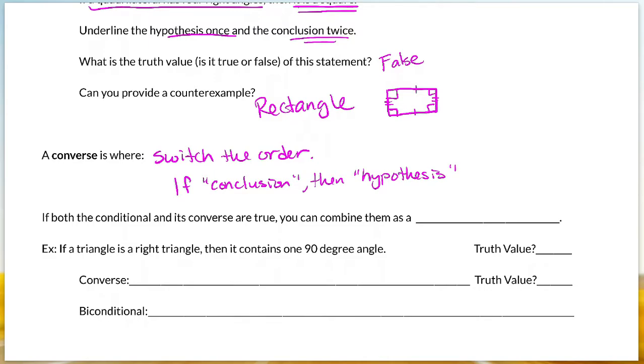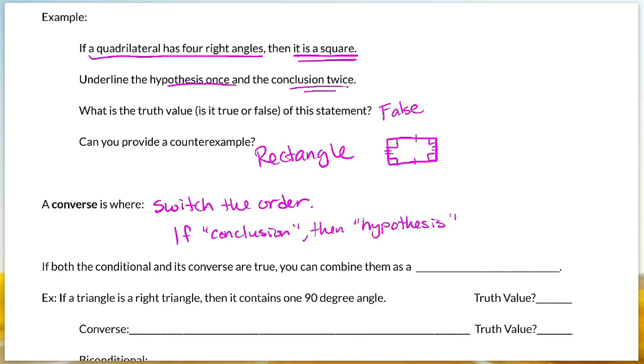Sometimes the wording will need a little bit of adjusting when you are switching the order. Also, the hypothesis often contains the noun of the sentence, and then often at the end uses words like it, like in this one here. We have the word quadrilateral at the beginning and the word it at the end. You'd probably want to keep those words where they are.